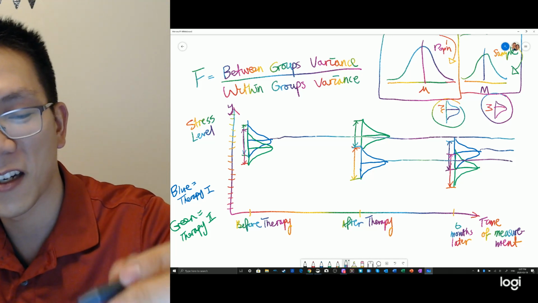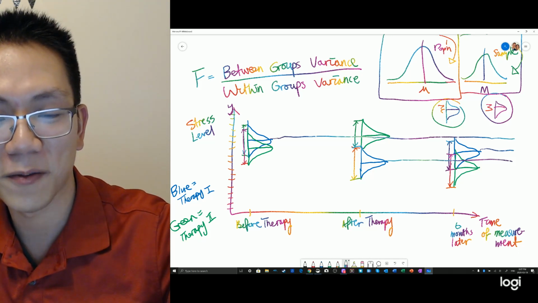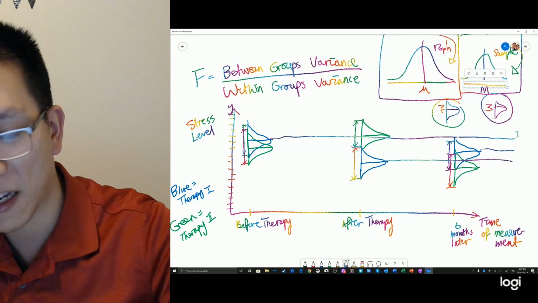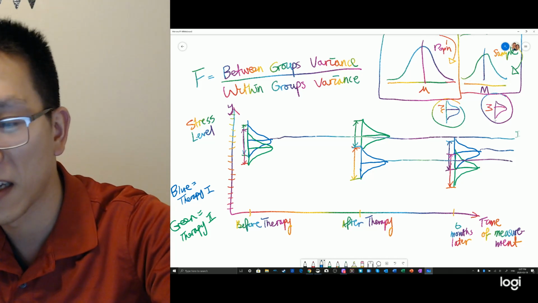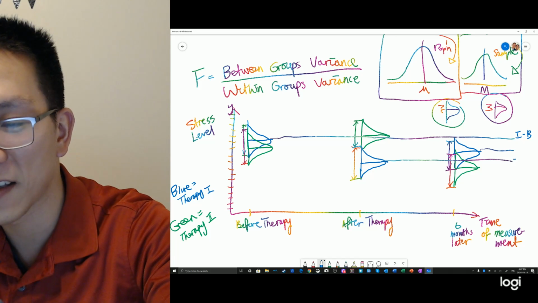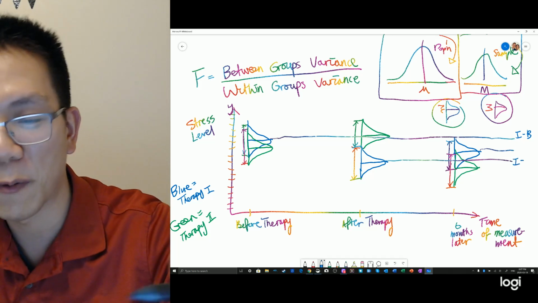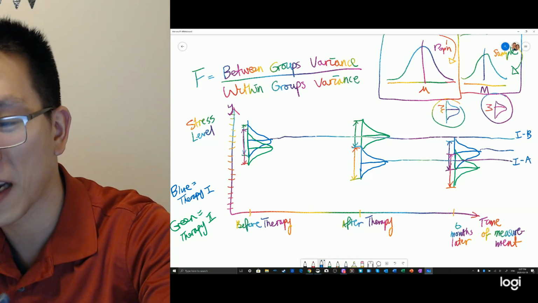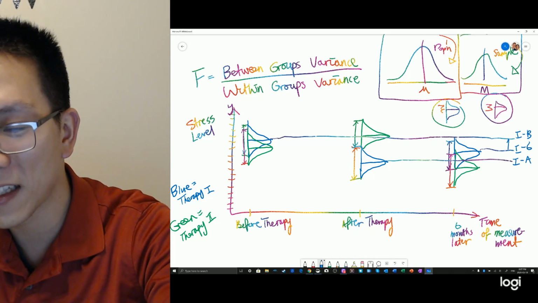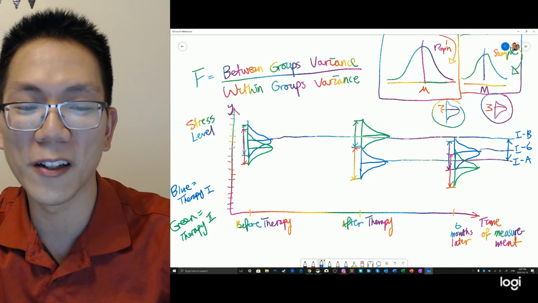So here is therapy 1, I'm going to use the blue pen again. This is before therapy, this is after therapy, and then one more time is 6 months after. So you notice there's a bit of a spread between the groups.